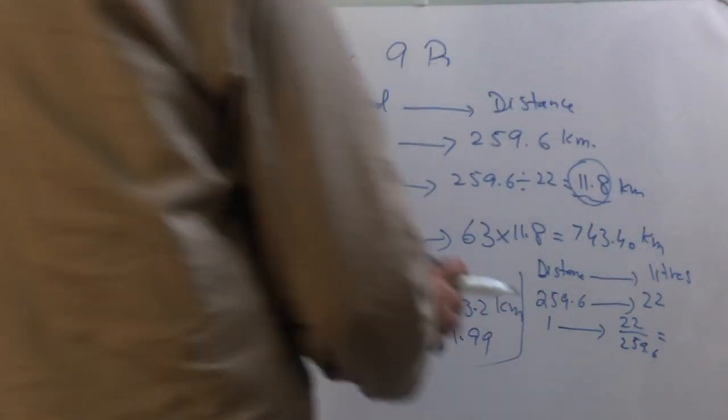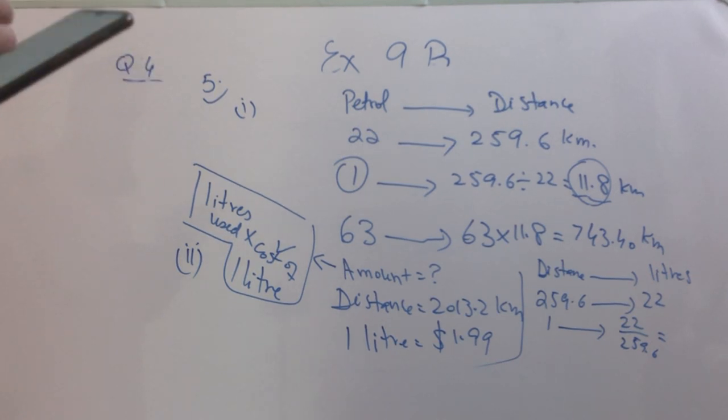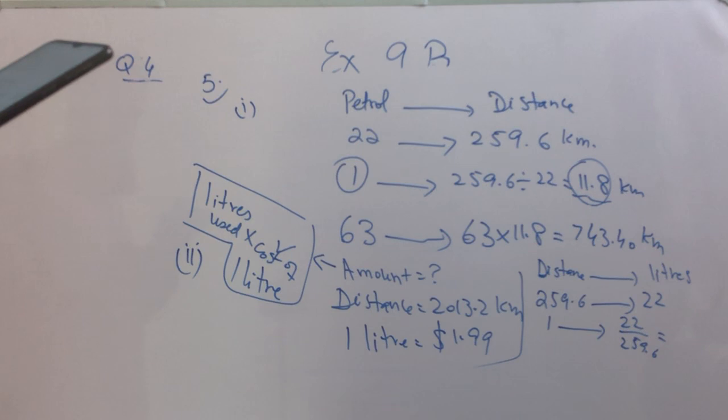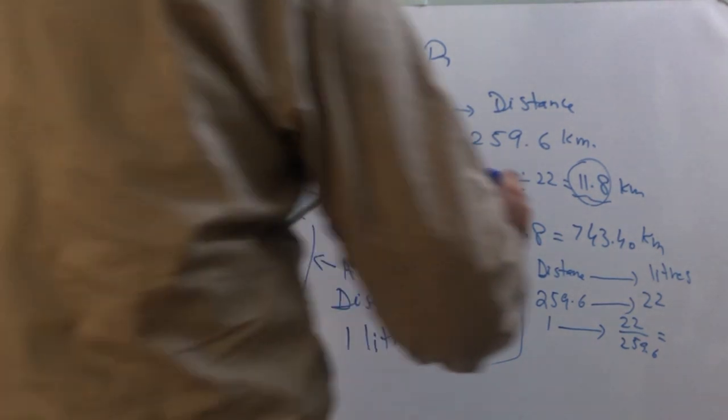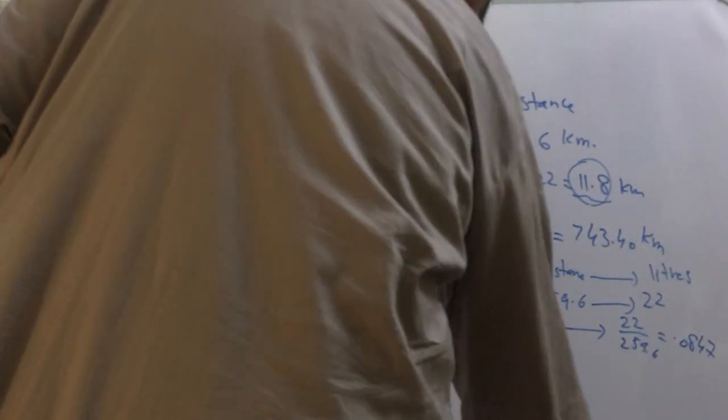In this case, the liters used for 1 kilometer is 22 divided by 259.6, which is 0.0847.